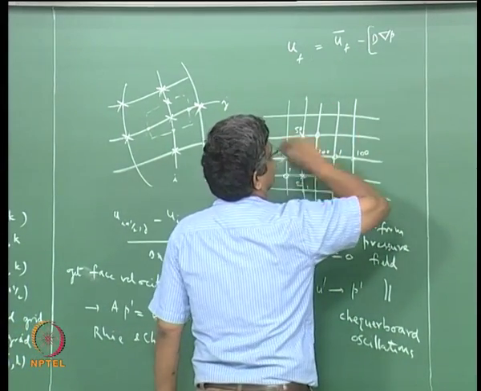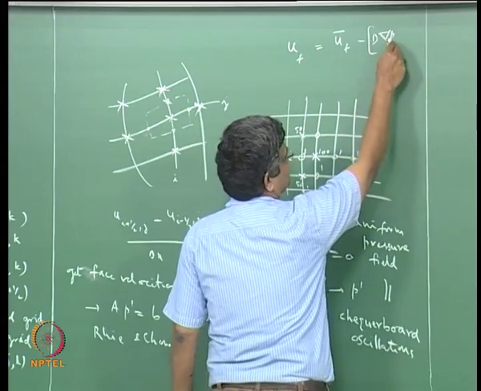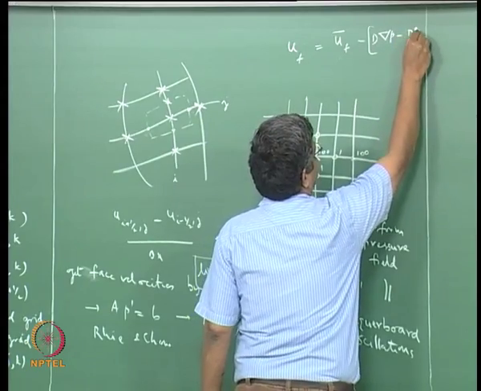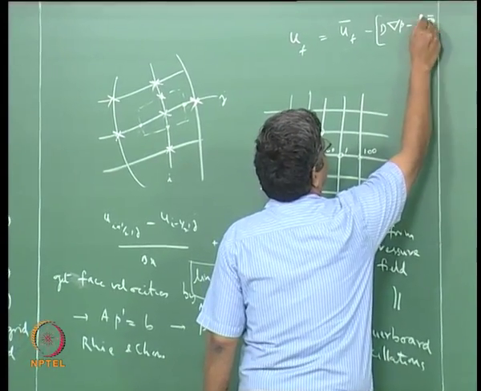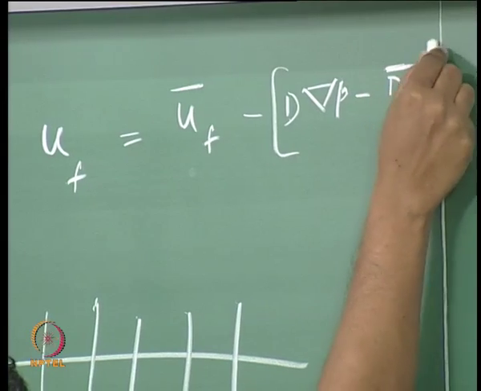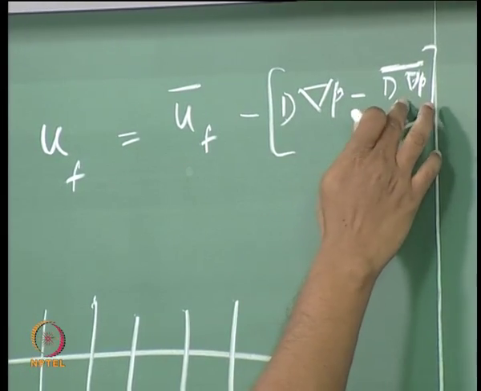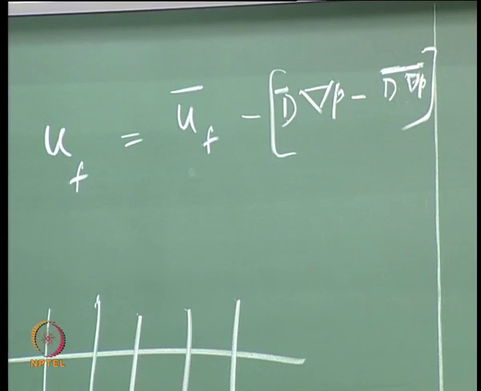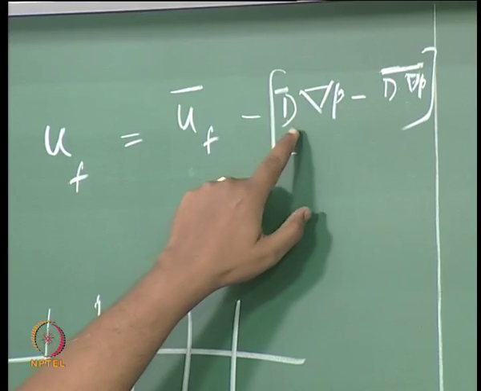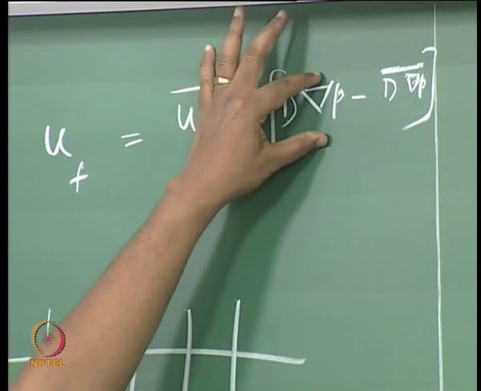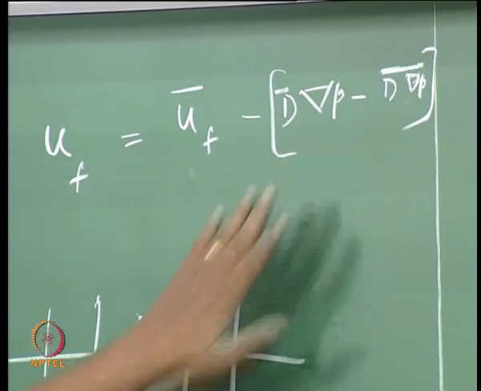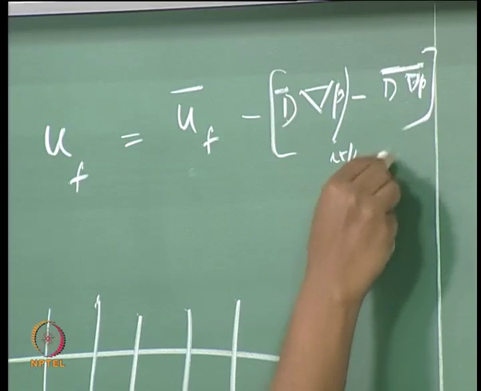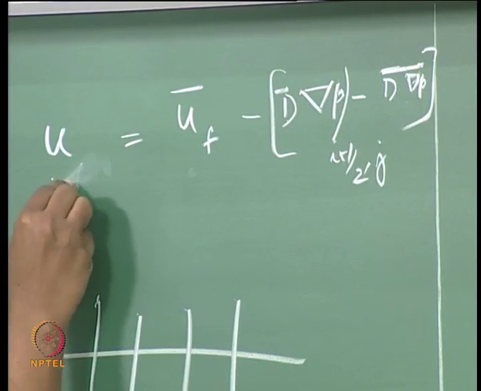They suggested that this gradient of pressure is also interpolatable, and this is broken up into two parts. This is the gradient of pressure when completely interpolated, with the interpolated value of the coefficient, and this is the gradient evaluated at that particular i plus half, j.